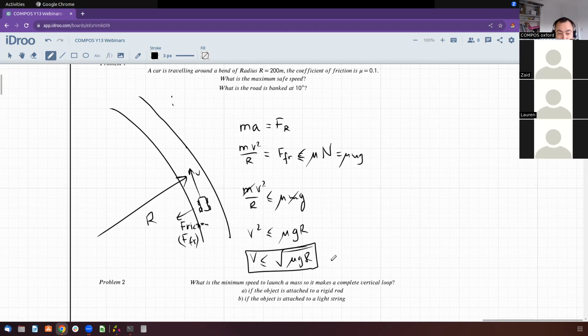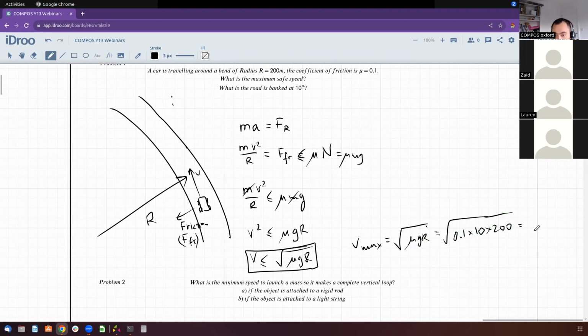So the maximum velocity is equal to the square root of mu g r, which is 0.1 times 10 times r, which is 200.